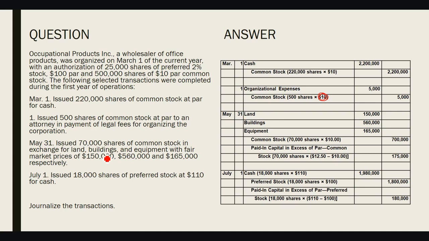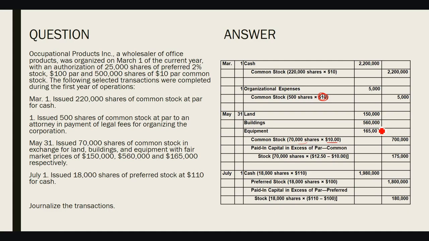In the next one, May 31st, we issued 70,000 shares of common stock in exchange for land, buildings, and equipment with their fair market prices listed. Notice that we list the land and the buildings at that price. Then common stock, we show that we're issuing 70,000 shares at par value, so that equates to 700,000.